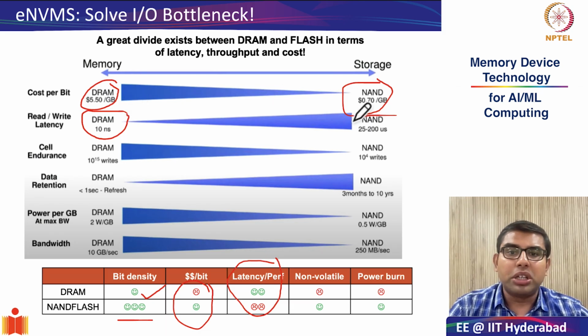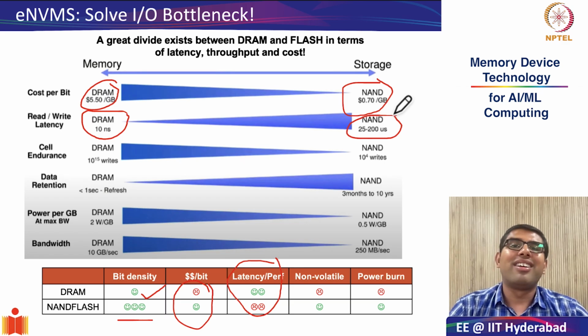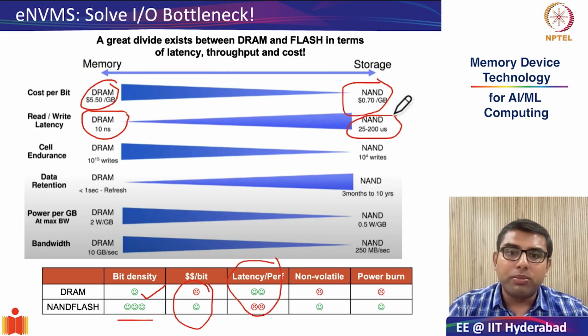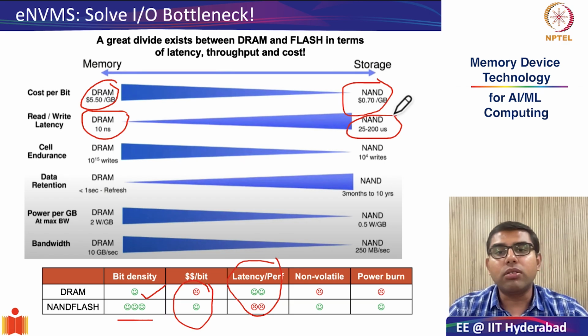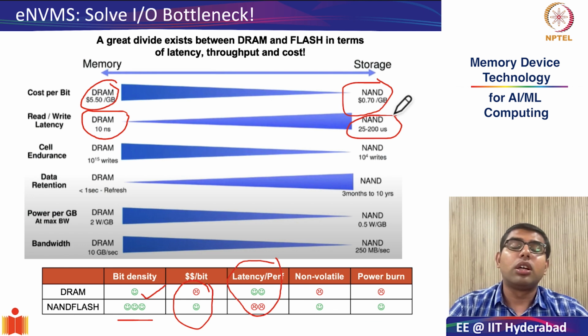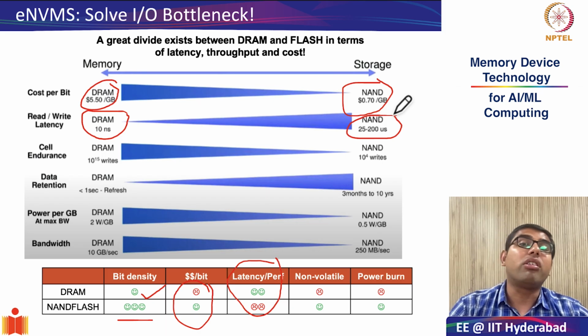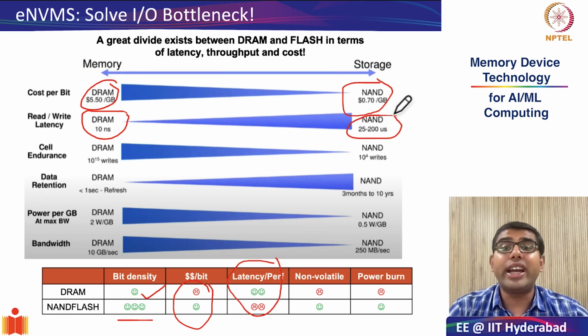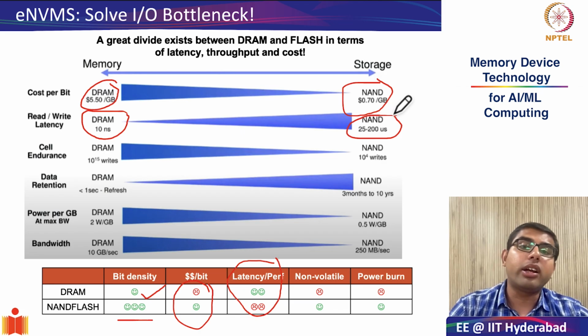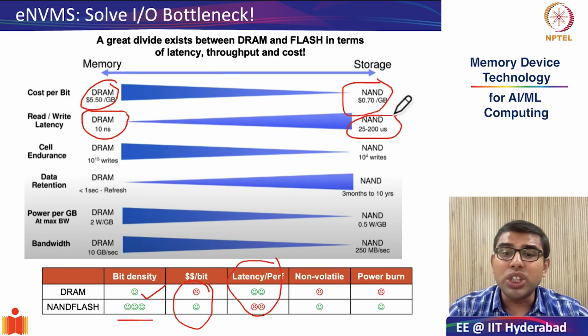In NAND flash, high density generally comes with 3D NAND plus MLC, TLC or QLC. The latencies are really, really large. We know erase latencies are in the order of 1 millisecond, but even read and program latencies are in the orders of tens to hundreds of microseconds.